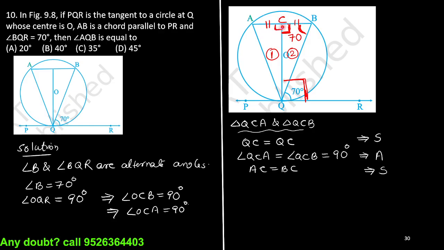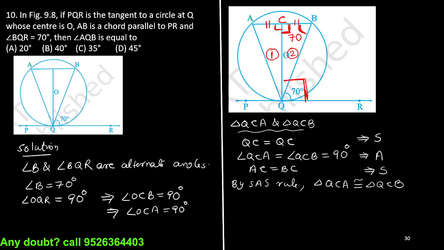The included angles are also equal. Side, angle, side. By SAS rule, the congruency rule, triangle QCA is identical with triangle QCB. Triangle 1 and triangle 2 are identical, congruent.